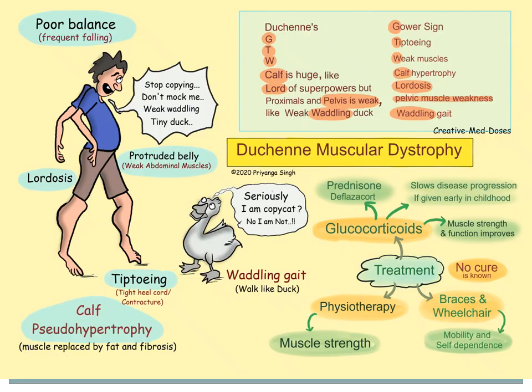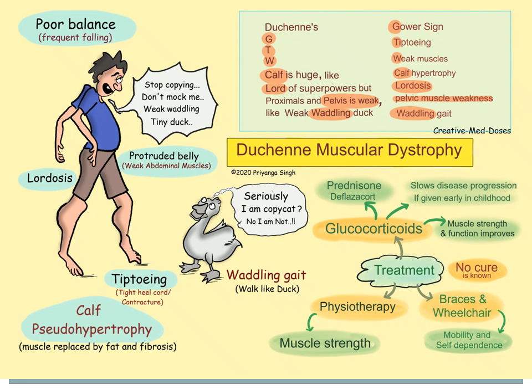So, what are the signs and symptoms present in muscular dystrophy? You can see it in this picture. They can mention the poor balance. There is a curvature in the lower back that is called lordosis.